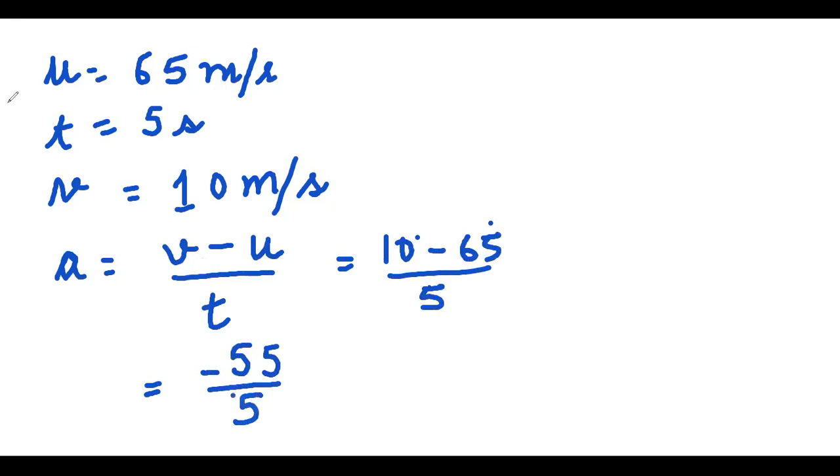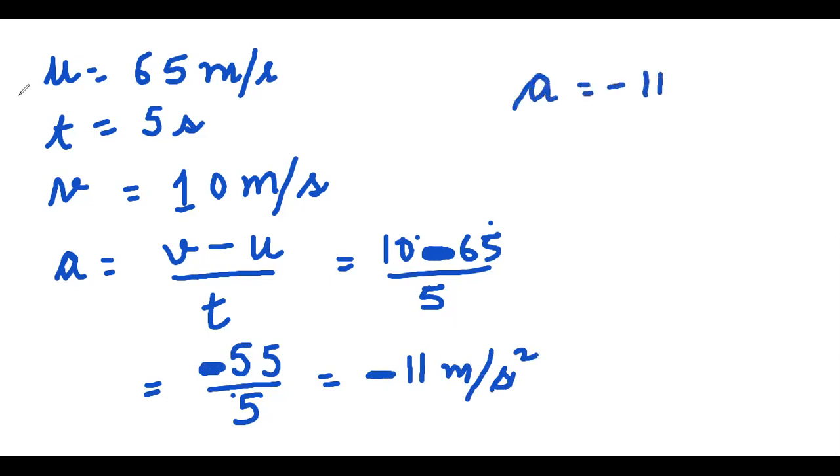Don't write 55, because 65 is the bigger number and it is having a minus sign with it. So our acceleration here comes minus 55 by 5, that is minus 11 meter per second square. So what will be retardation?